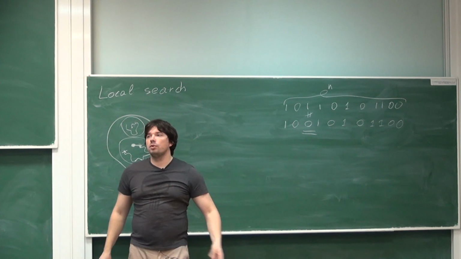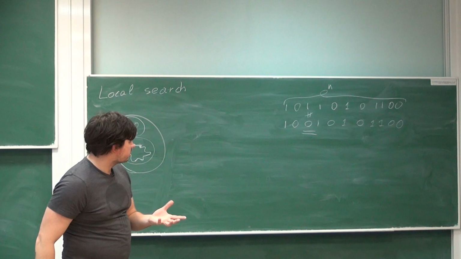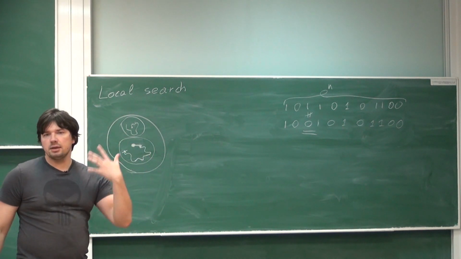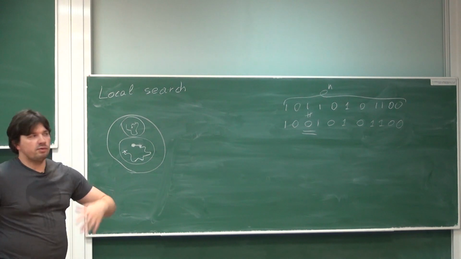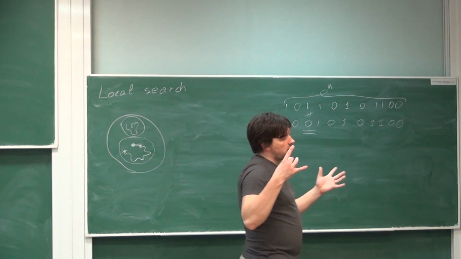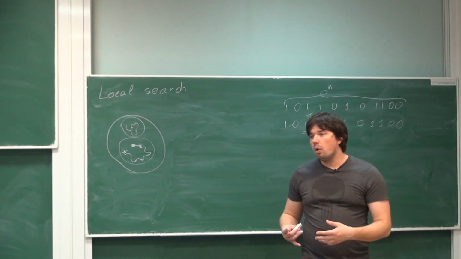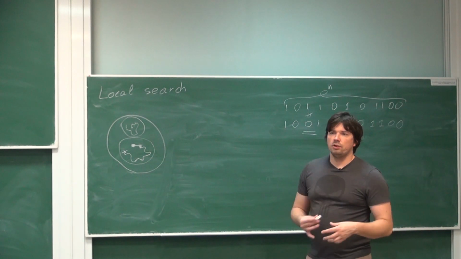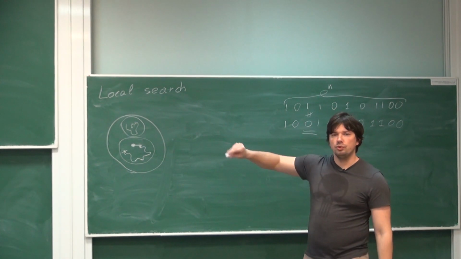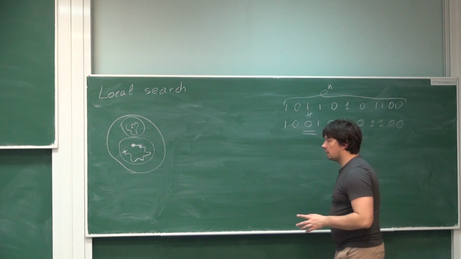That means that we'll just flip the value of just one variable. And then we'll flip it again, and then flip some other variable, and another variable, and so on, until we either find the correct assignment, or we would be doing that for too long and we kind of assume that we wandered too far away from our starting point.